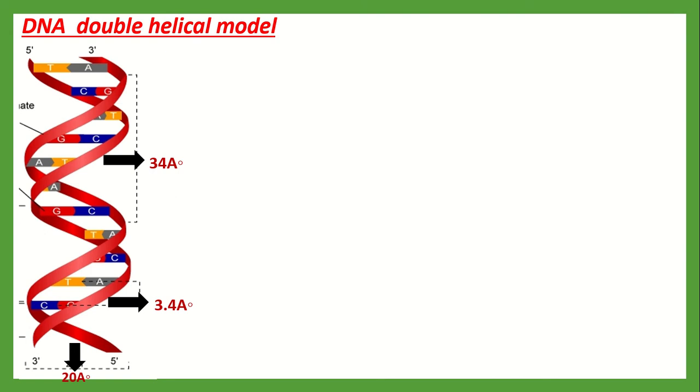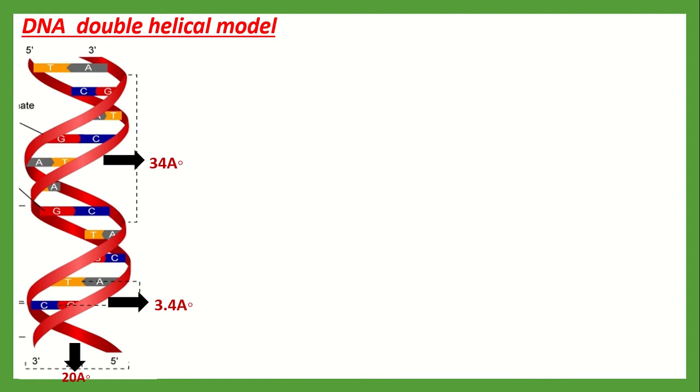The two strands are at equal distance from each other and are complementary to each other. One strand starts from 5 prime to 3 prime and the other strand starts from 3 prime to 5 prime.